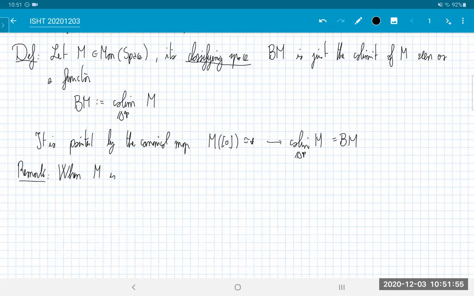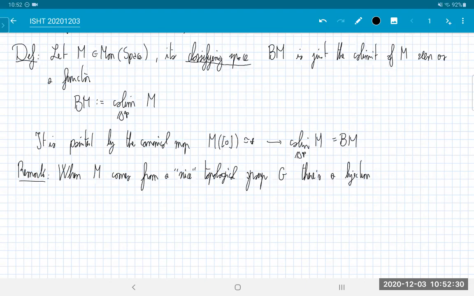When M comes from a nice topological group G, and I'm not going to say what I mean by nice, a Lie group is enough, there is a bijection of homotopy classes of maps from X to BG and isoclasses of principal G-bundles on X. And if you don't know what a principal G-bundle is, ignore this.